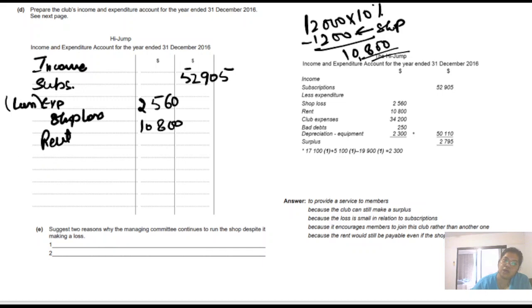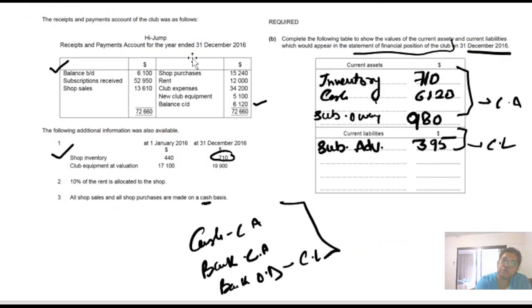Then what else we are having? Other expenses, club expenses, we are having 34,200.